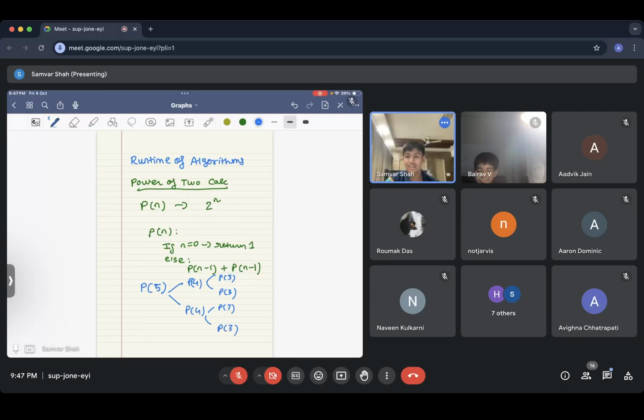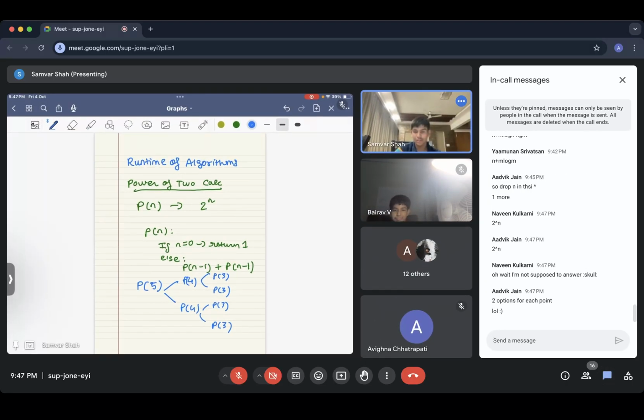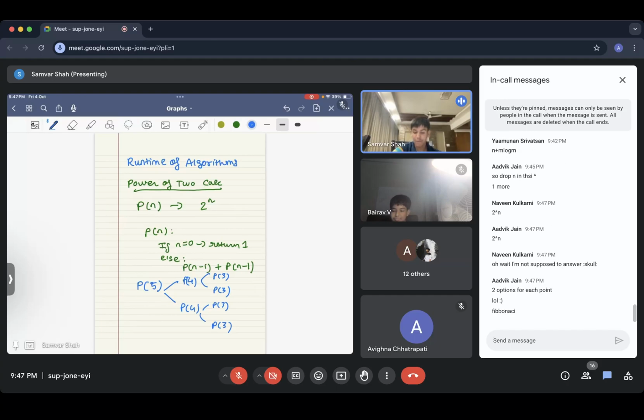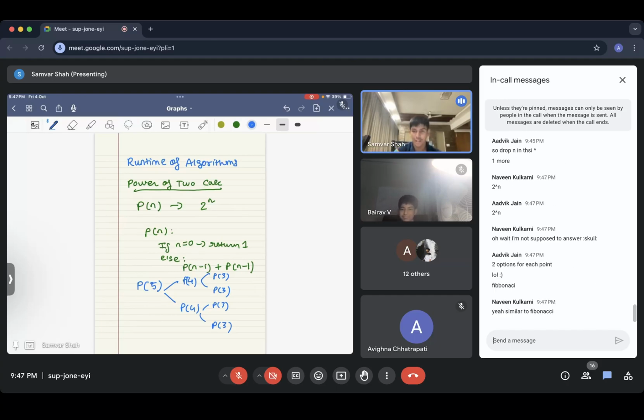I think Naveen kind of covered this in his DP lecture, where he said that this is a bad way of computing something like this, exactly like the Fibonacci problem. You would instead save all these values and improve your runtime because of that. But did everyone see how this is 2 to the n?